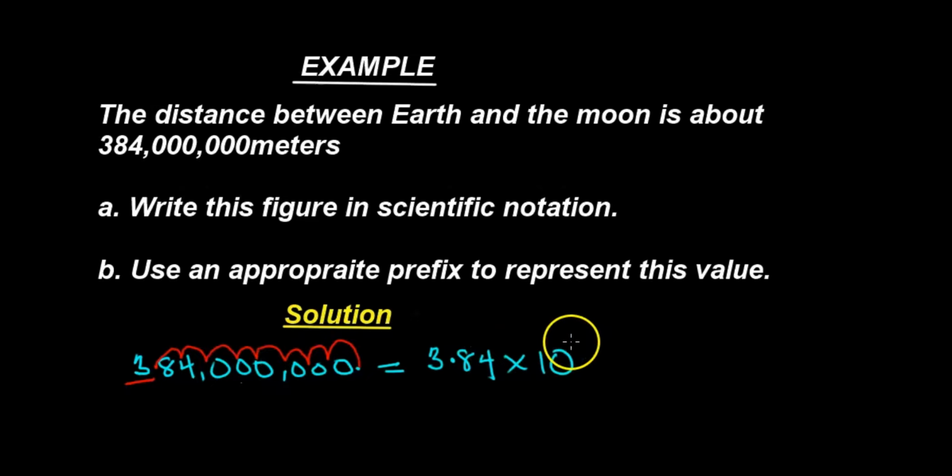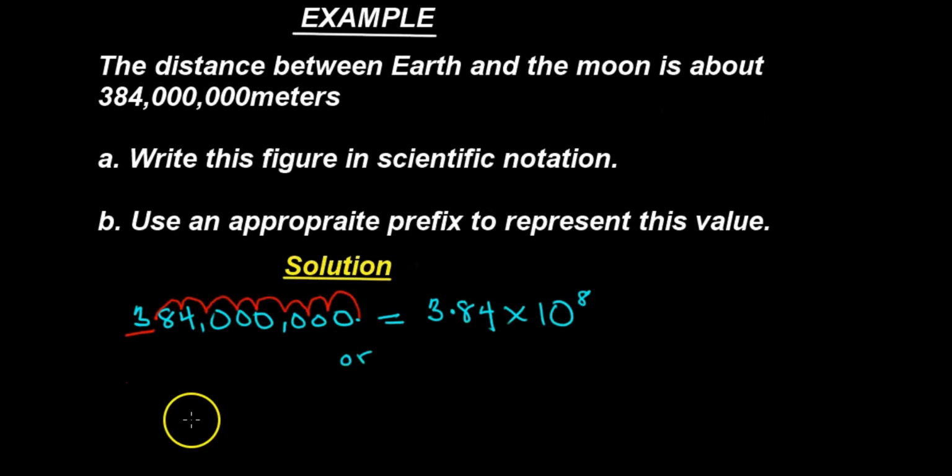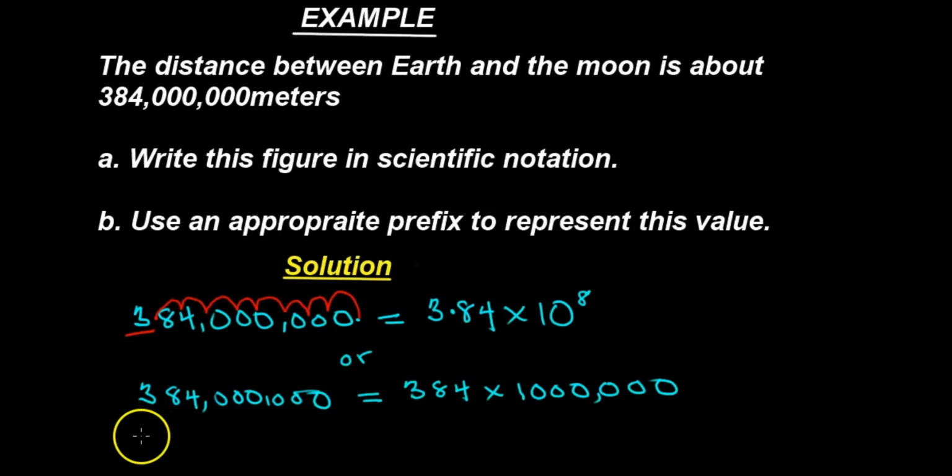So we are going to have our exponent to be 8. So now we have our answer in scientific notation. Or you can also say that 384 million is equal to 384 times 1 million. So this is going to give us 384 times 10 exponent.